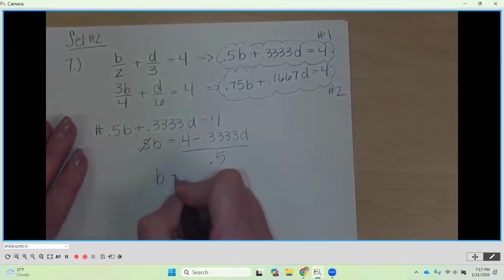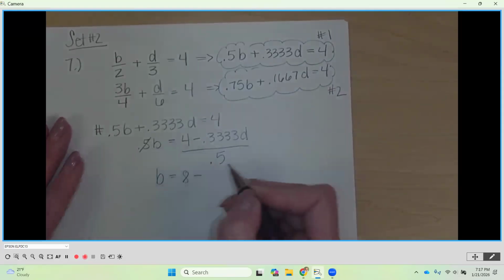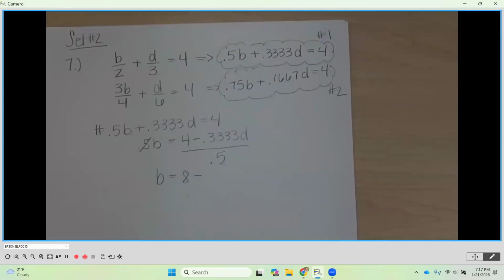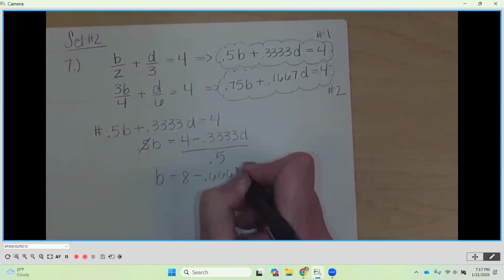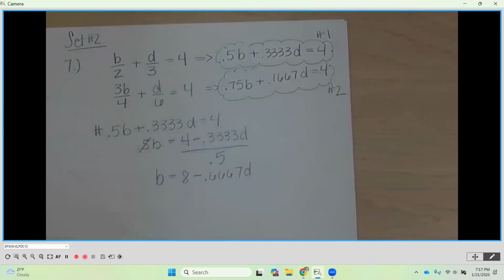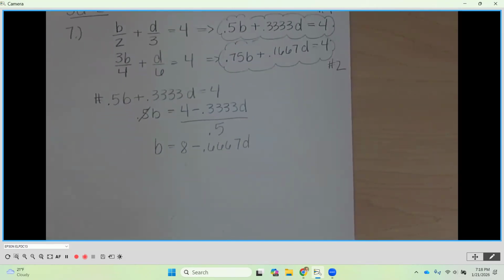That means that B is going to be equal to 8 minus, so 4 divided by 0.5, and then I've got to take 0.33333 divided by 0.5, and that's going to be 0.6667D, right? 2/3 D, if you would. Does that make sense? Okay.